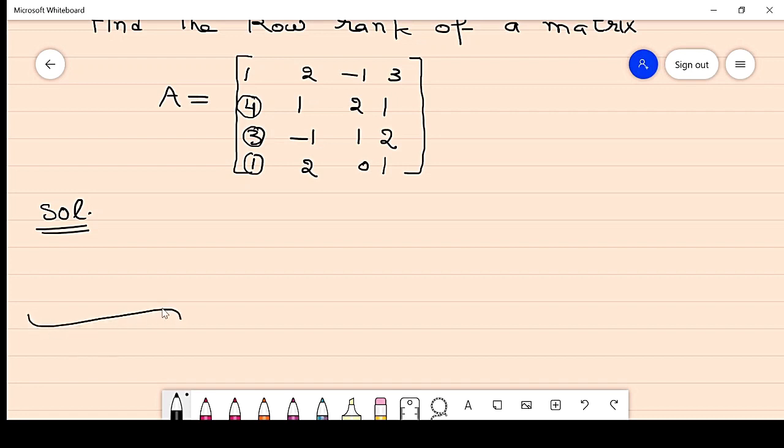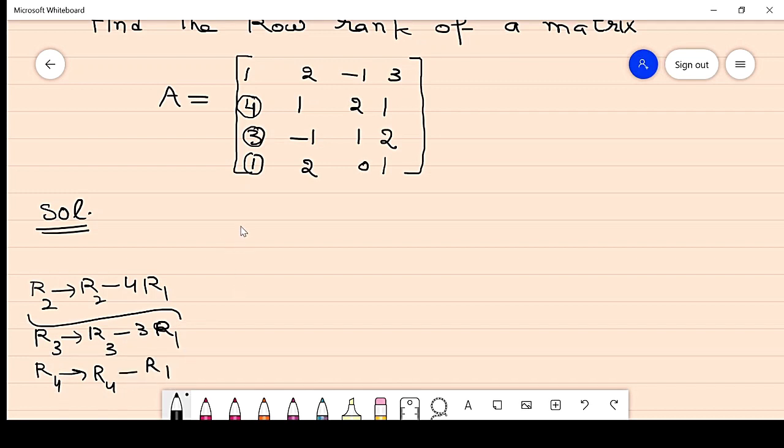So apply the operations R2 minus 4R1, R3 minus 3R1, and R4 minus R1.